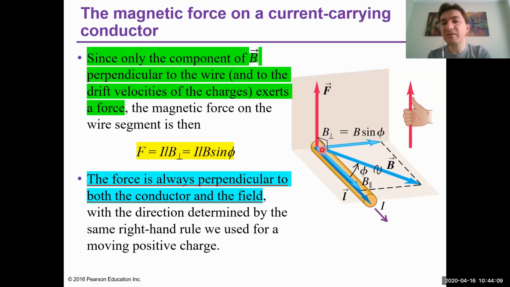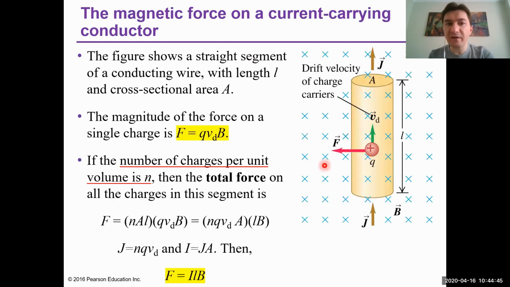Since the magnetic field is aligned like this, we have a magnetic field component along the wire, along the current, and a magnetic field component perpendicular to the wire. Only the perpendicular component can contribute to the magnetic force. The force from the parallel component will be zero, since the drift velocity is along that direction. If you have drift velocity and magnetic field in the same direction, since we have a vector product here, the force will be zero.